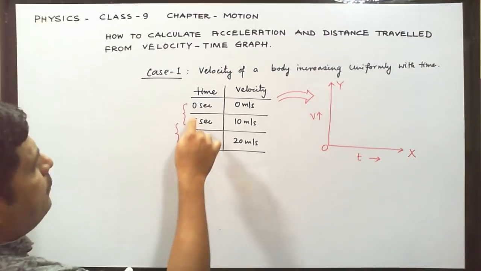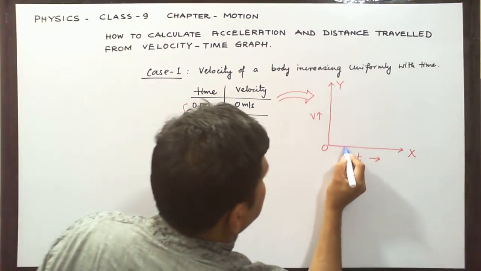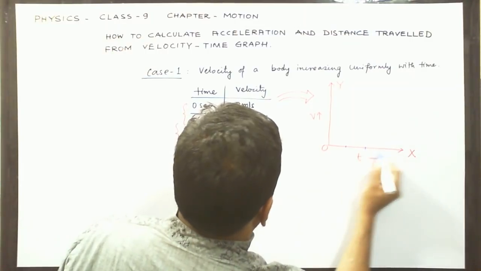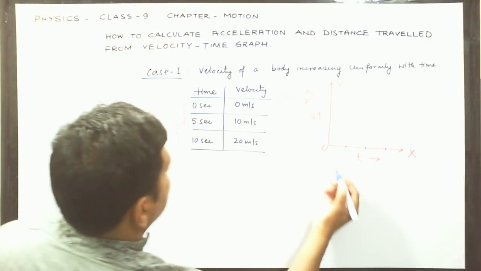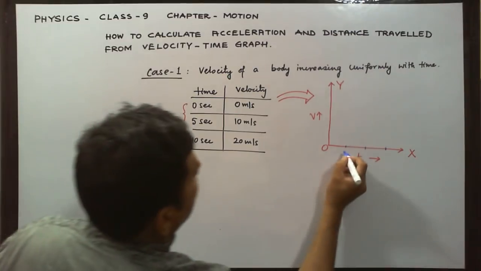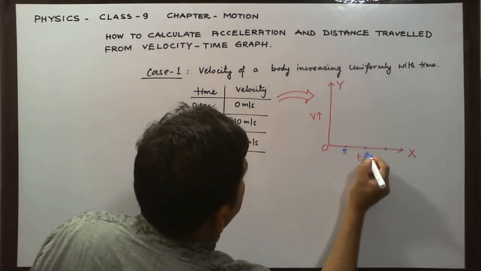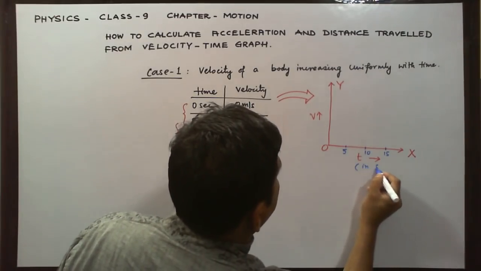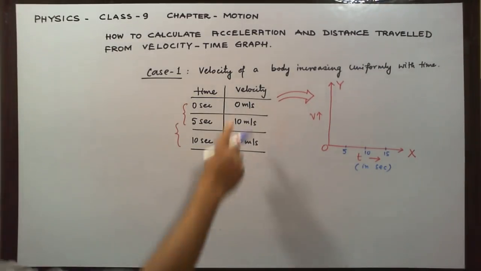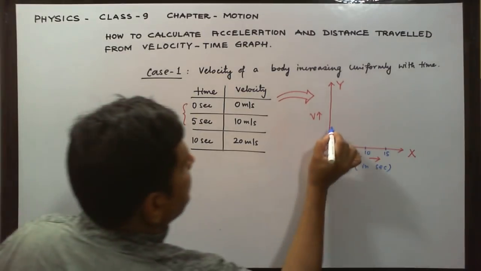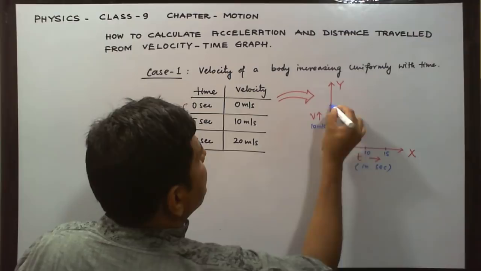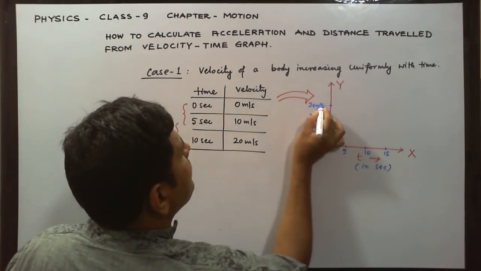So we have time 0, 5, 10 seconds. So it is 5 seconds, 10 seconds, 15 seconds, in seconds. And velocity is 0, 10, 20. So let us take 10 meter per second, and let us say this is 20 meter per second.